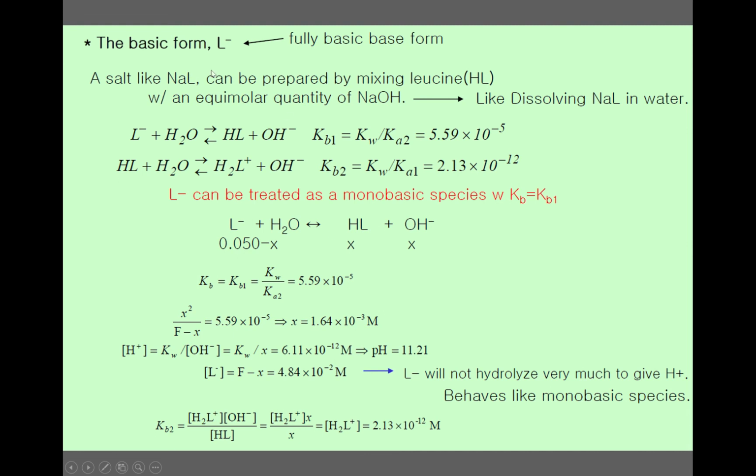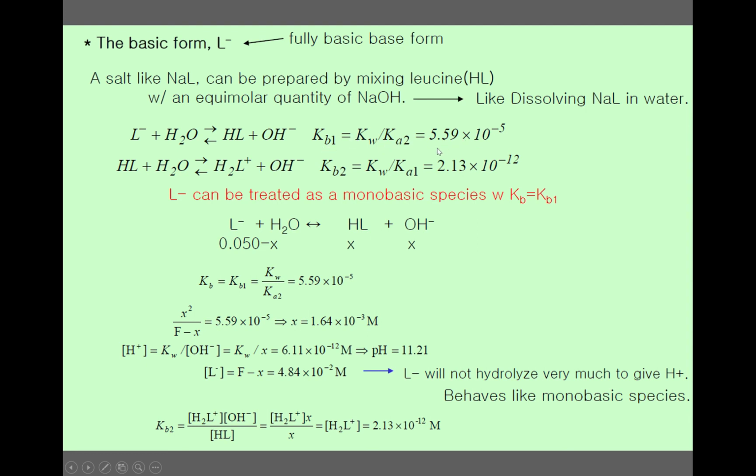And what about the fully dissociated form of leucine, L minus? There is a compound, sodium leucine, and we write these two equations. L minus now accepts protons from water, giving rise to hydroxide ion, and the equilibrium constant Kb1 uses this equation.